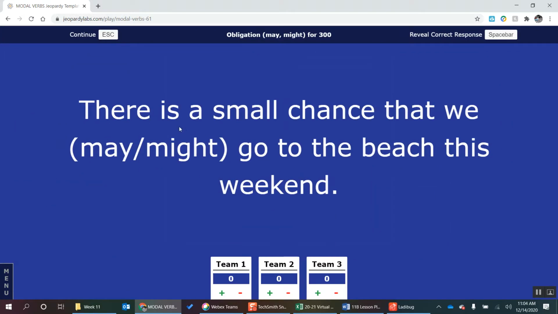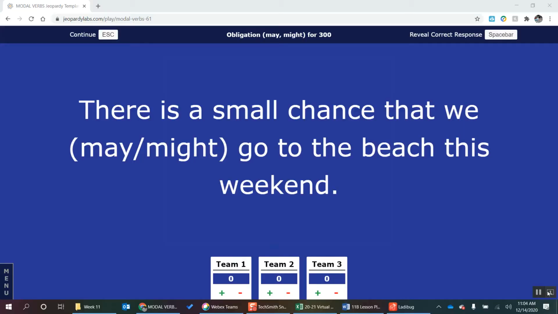All right, there is a small chance that we blank go to the beach this weekend. Small chance. There's a plan, maybe, a small plan. So which one are we going to use if it's a small chance? We're going to use might, right? May is 50-50, half and half.